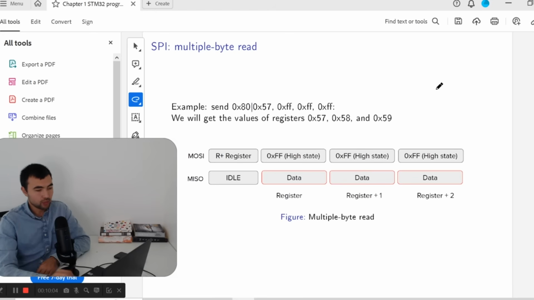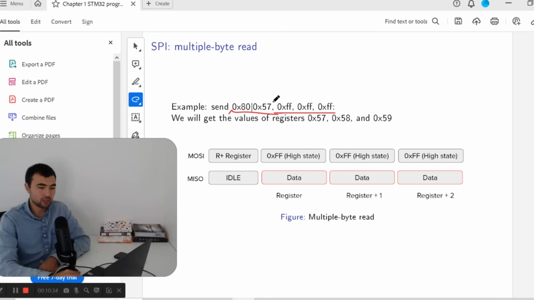In addition, we can do multiple byte read. It means that instead of getting data only from a single register, we can get data from a series of registers. To do that, we just keep sending this dummy data 0xff. So imagine that we send these 4 bytes. First we send the address, but also we have to set the most significant bit indicating a read operation.